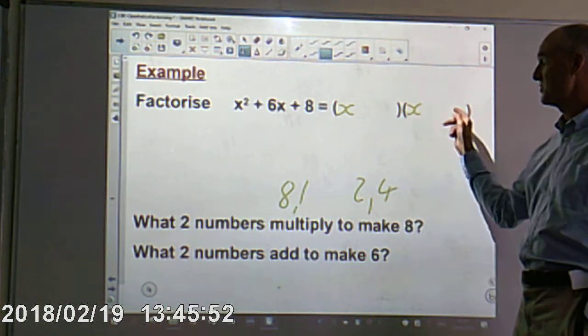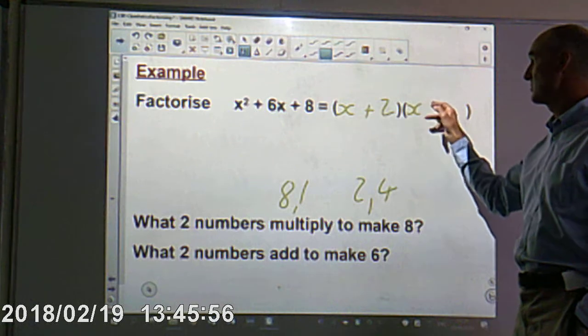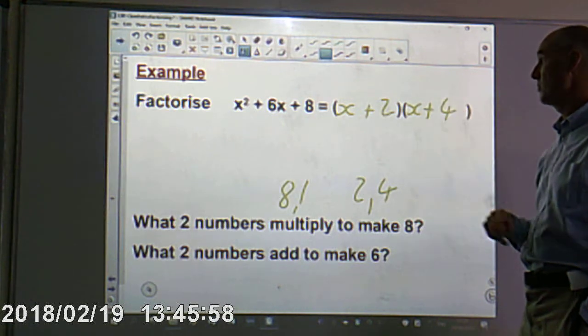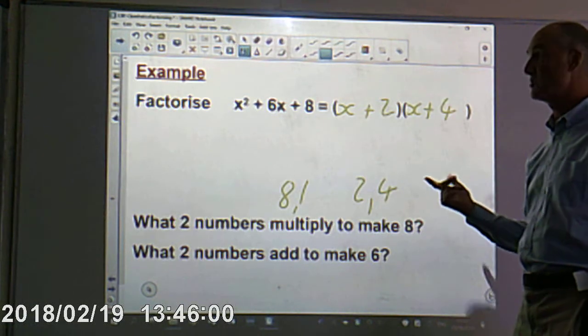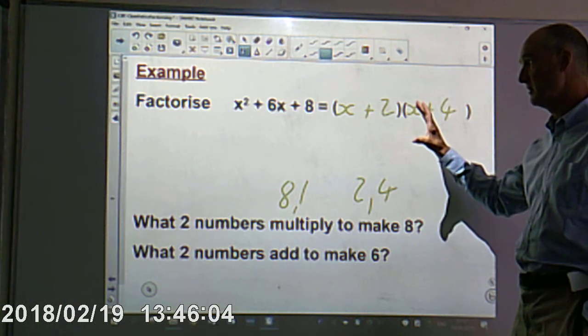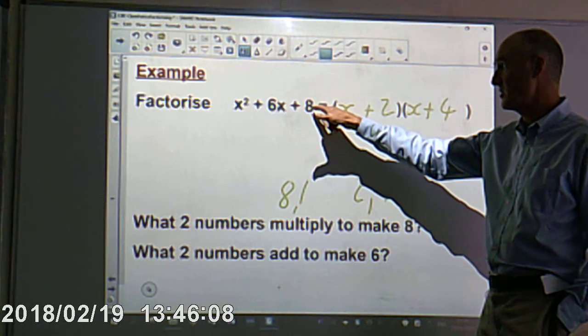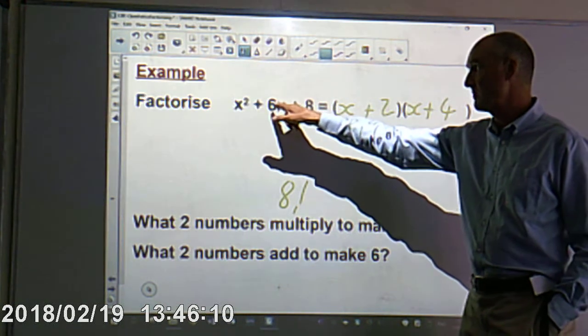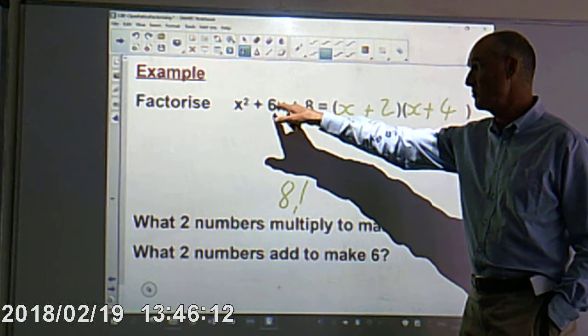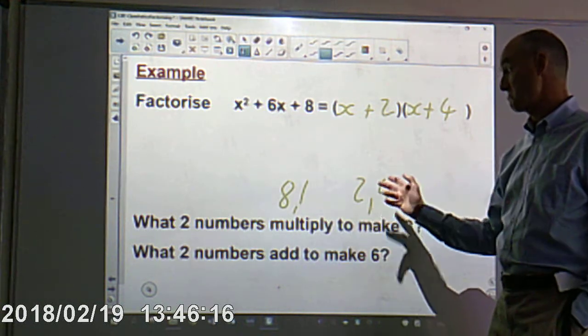So my two numbers inside the bracket are going to be plus 2 and plus 4. And that's really all there is to these types of questions. That's a simple, straightforward example, hopefully. What two numbers multiply to make the number at the end, plus 8? What two numbers add to make the number in the middle, the plus 6? Got different options, try them out.